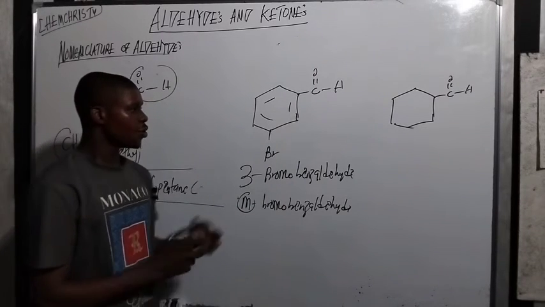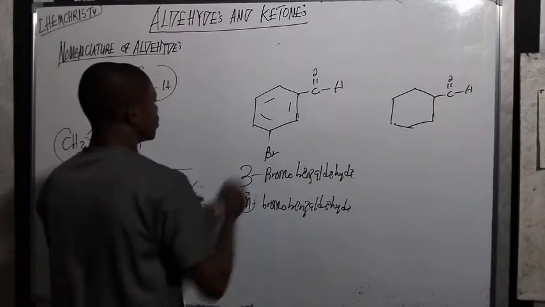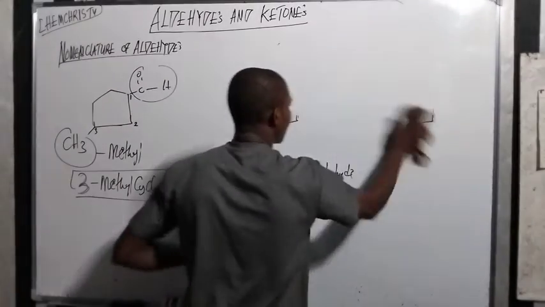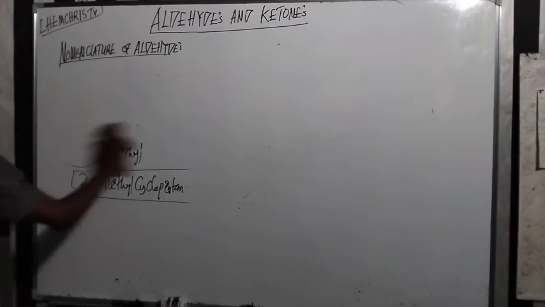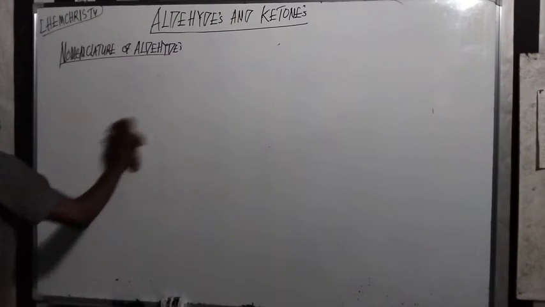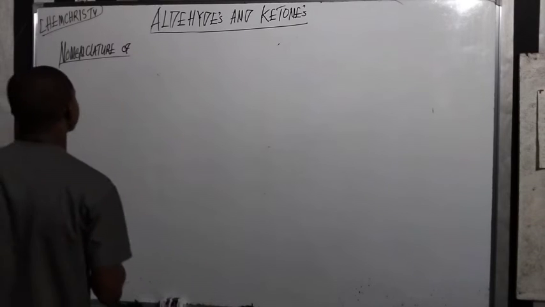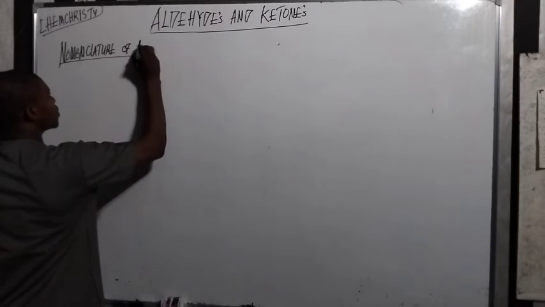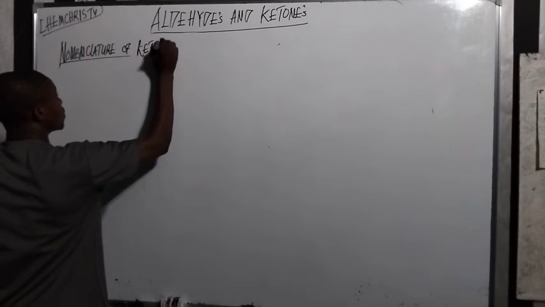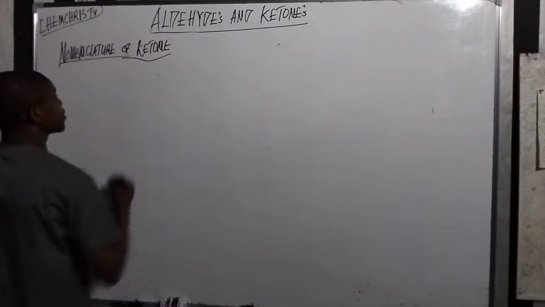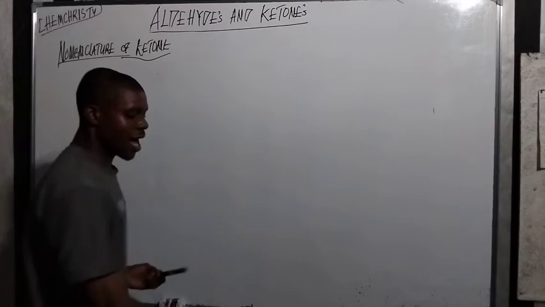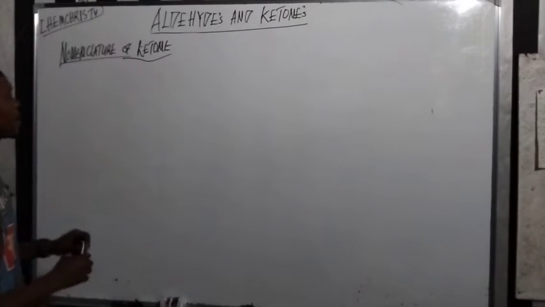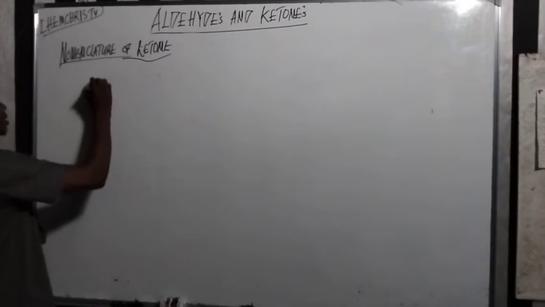Okay, now since we are done with aldehydes, let's move on to ketones. So let's look at the nomenclature of ketones. How do you name ketones? Now, a ketone is like this.